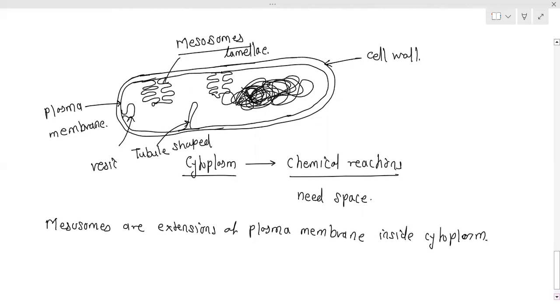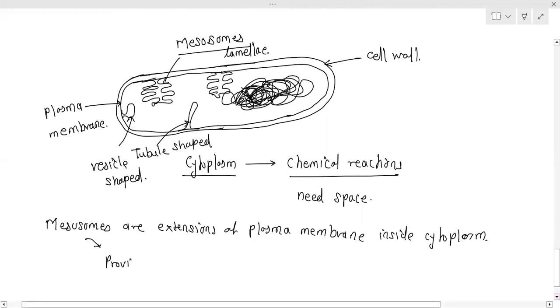So they have different shapes. Clear? And mesosomes provide extra space for chemical reactions.